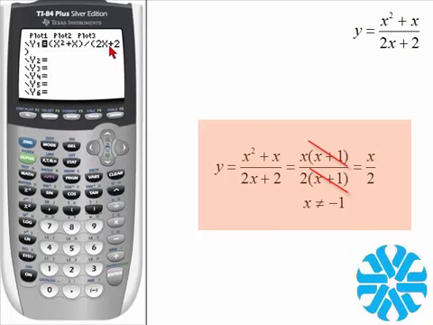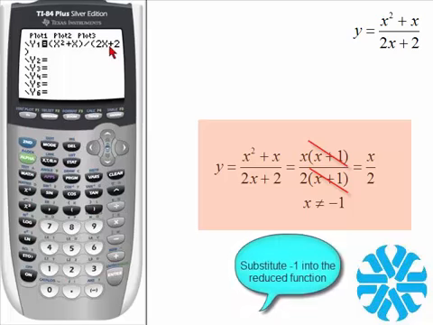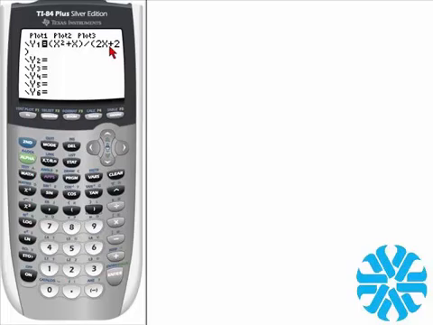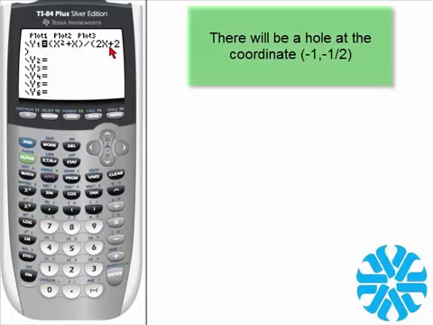We know that the hole occurs at x equals -1. When we substitute -1 into the reduced function, y equals x over 2, we get -1 divided by 2, which is -1/2. So there is going to be a hole at the coordinate -1, -1/2.